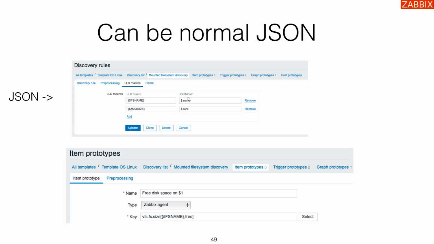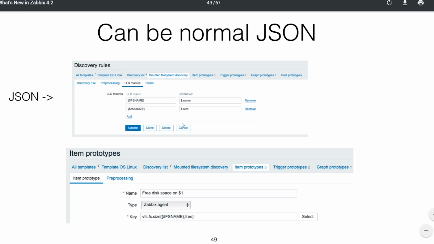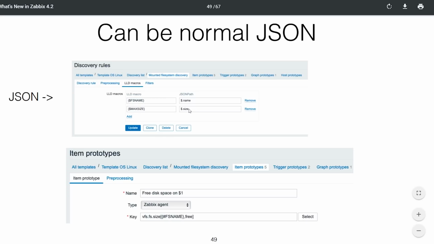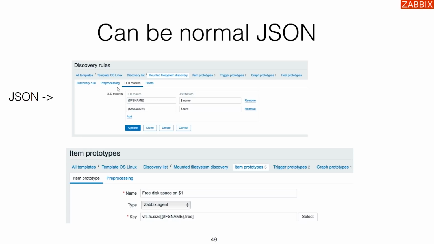So basically you are getting a huge output of a JSON, and let's say you want to extract just a name object or attribute, not sure how to call it in terms of the JSON, and that's it. You will get it inside this specified macro. You want to get a size? There you go. Basically like preprocessing. Then in the item prototypes, you can again use them as usual.